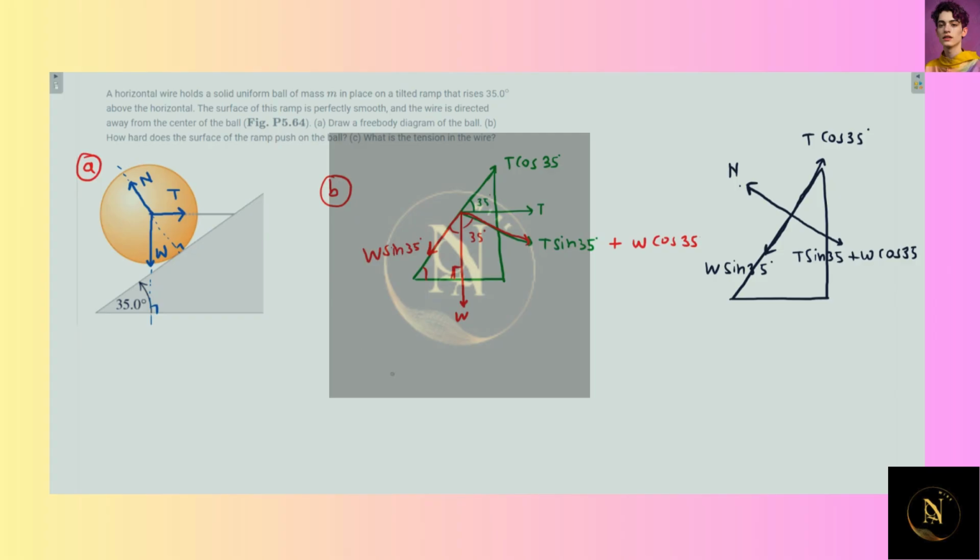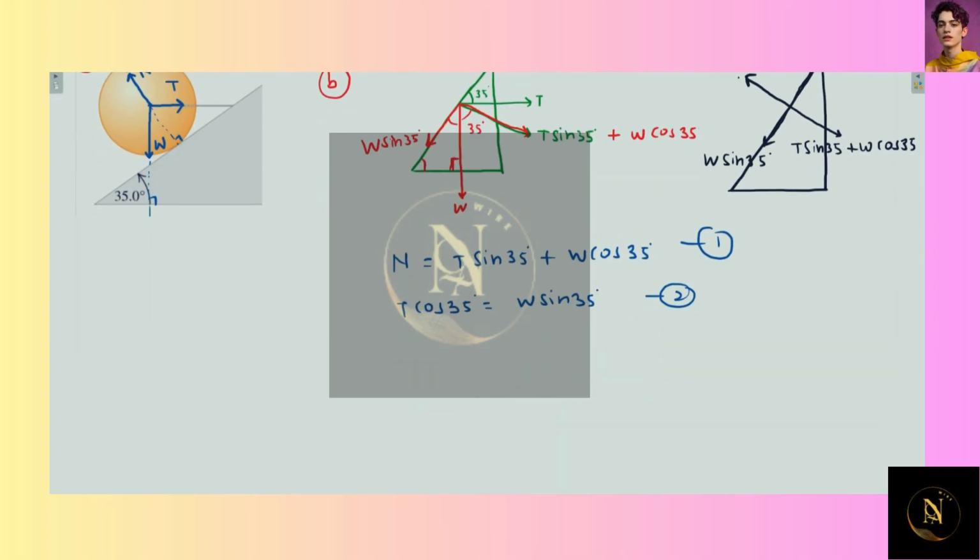We need to find the value of the normal reaction. It is at rest, so we are going to equate the forces in all the directions. So N is equal to T sin 35 plus W cos 35, and let's call this equation 1. And T cos 35 is equal to W sin 35, equation 2. From equation 2, we can substitute the value of T in equation 1.